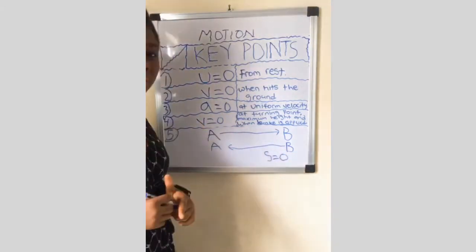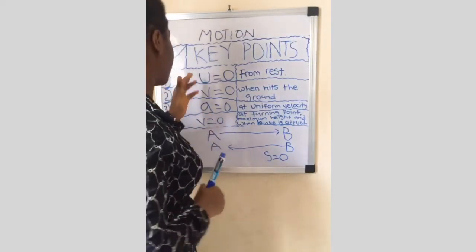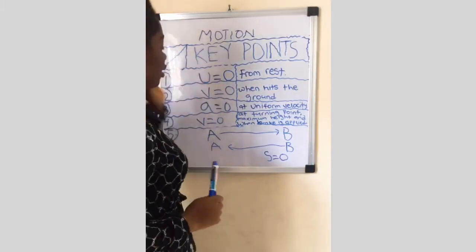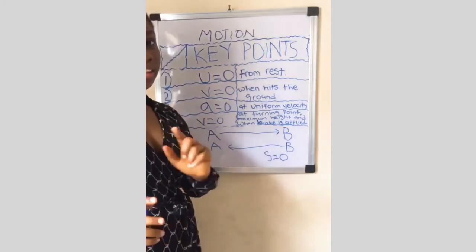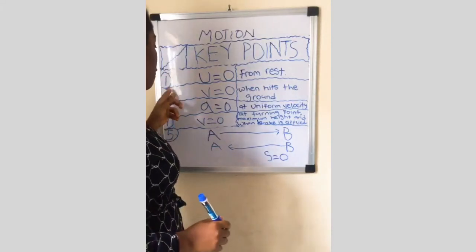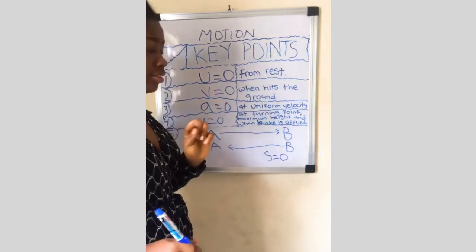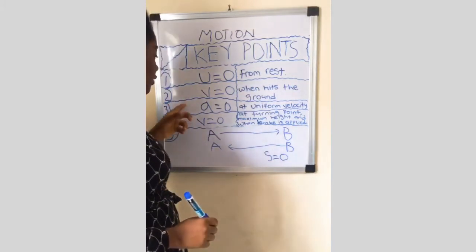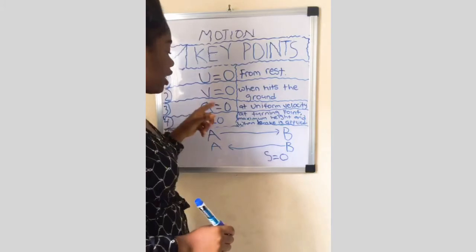Now you see the importance of why I was giving the letters that denote each term. Instead of me writing initial velocity equals 0, I will just pick the letter that denotes initial velocity, u equals 0. Instead of writing final velocity equals 0, just pick the letter v equals 0. For acceleration equals 0, just pick a equals 0.